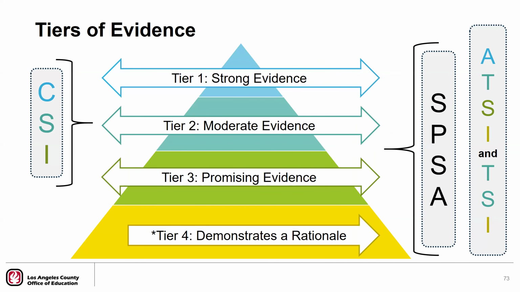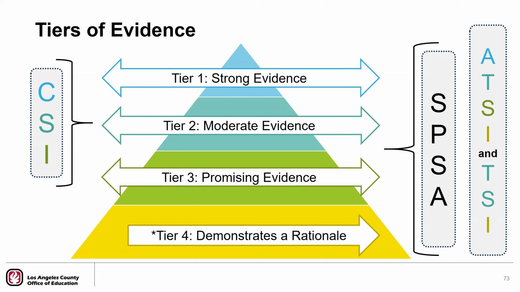Now, under ESSA, evidence-based interventions are further categorized within tiers of evidence, and there are 4 possible tiers. In each of these tiers, the evidence has been produced through formal studies and research, but depending on the type of study and the level of evidence produced, the tiers are distinguished as such. Tier 1, strong evidence.